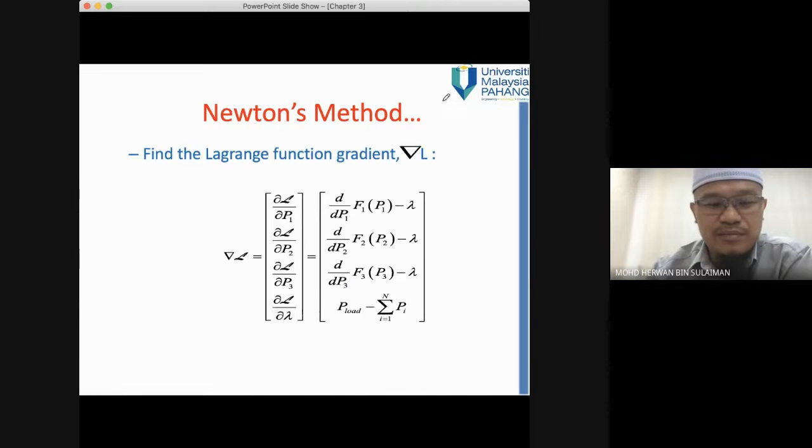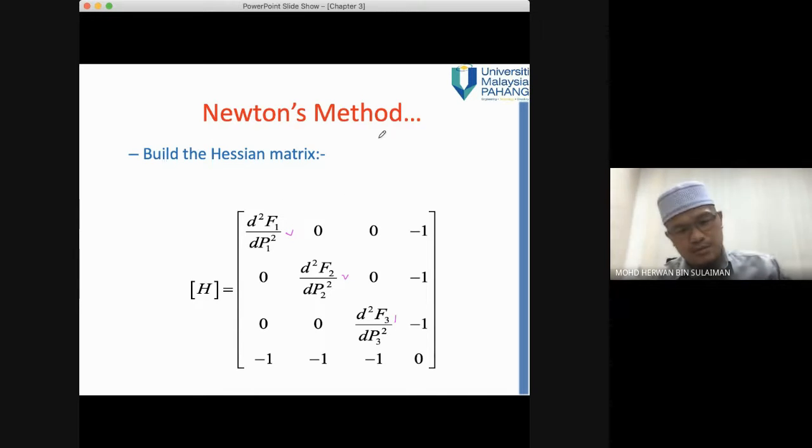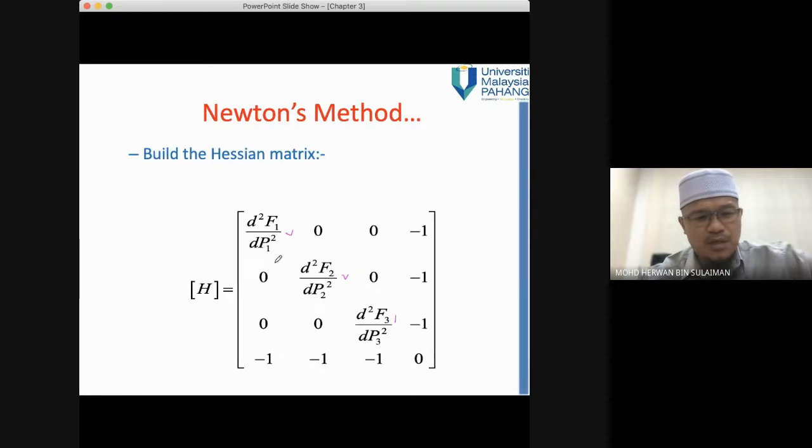So after that, you need to build the Hessian matrix. If you have three generators, your Hessian matrix is 4x4 because a column is added for lambda. If you have 2 generators, the Hessian matrix is 3x3.